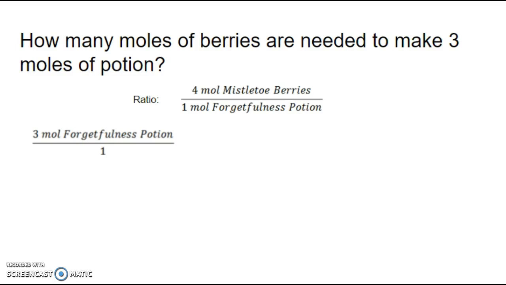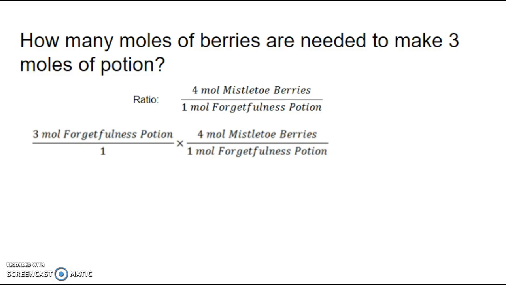So I'll give you a moment to write down how you think you'll solve this problem. If you were to take the given 3 moles of potion and multiply it by our calculated ratio, you would find that you could cancel out the units of moles of forgetfulness potion, and your answer could be in moles of mistletoe berries.